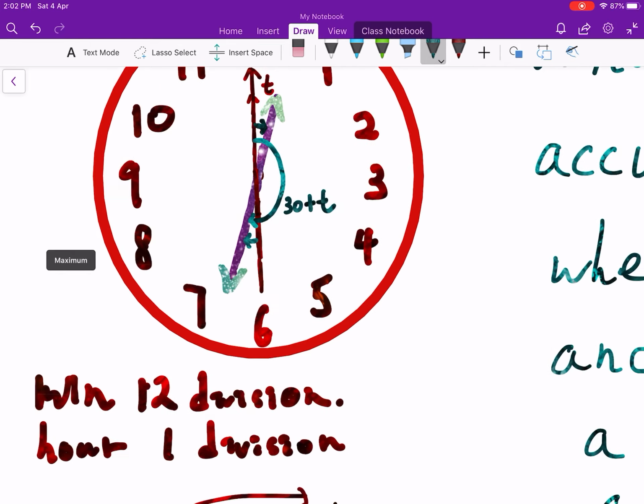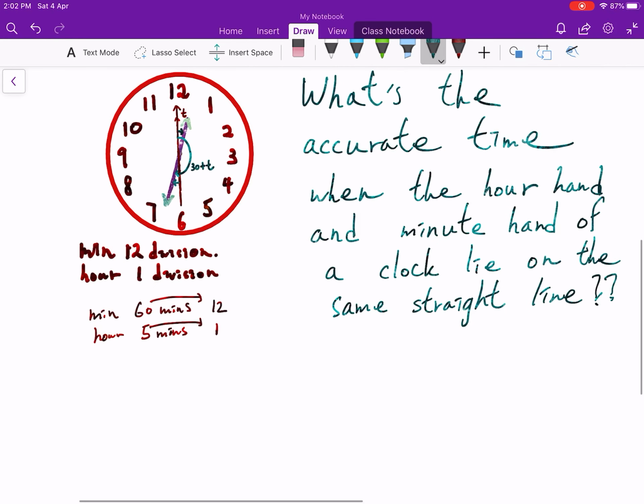So let's go back to our ratio. Our ratio never changes: whenever the minute hand moves 12 divisions, our hour hand moves 1 division.